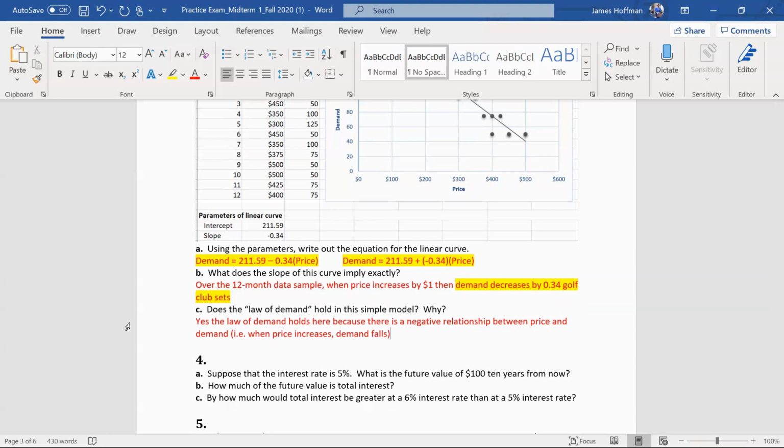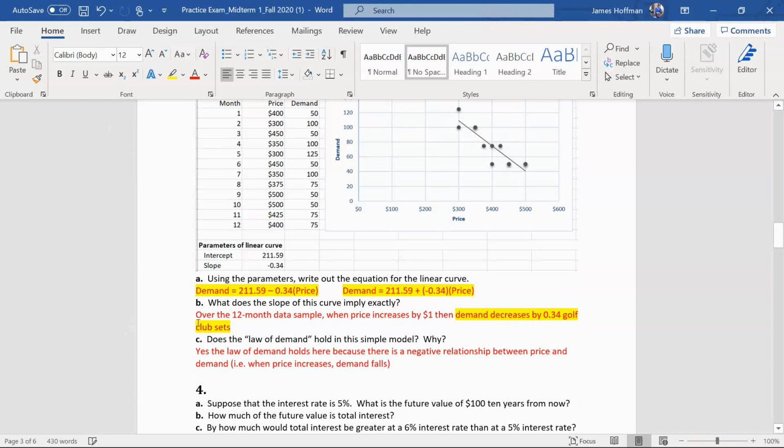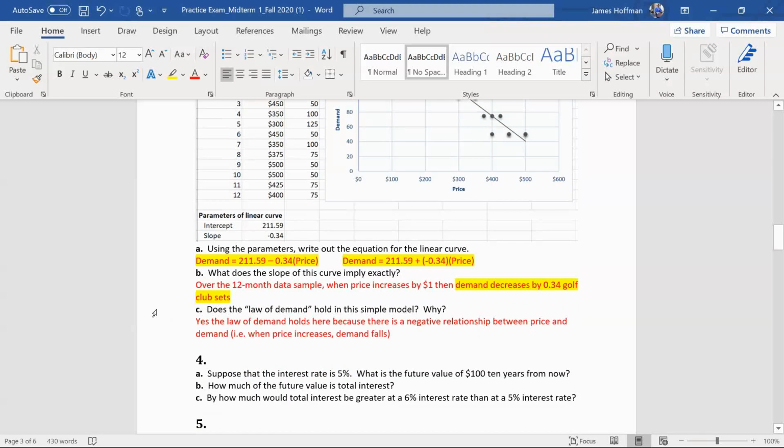Okay? So for part C, you're basically checking if the slope coefficient is negative. If it is, then it's going to hold. If it's not, then it does not hold. Okay, so part A, write out the equation. Part B, make sure you can interpret the slope coefficient.